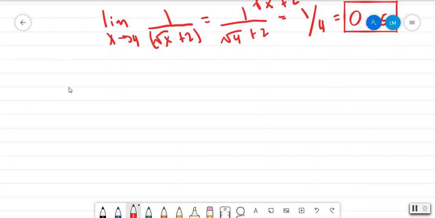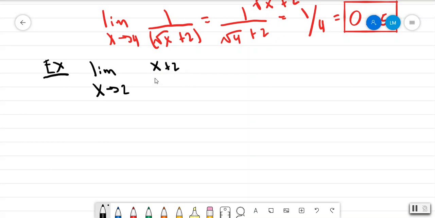Okay, now the next thing that I would like to show you is, what if we don't have a function which is defined? For example, the limit as x approaches 2 of x plus 2 divided by x squared minus 4.